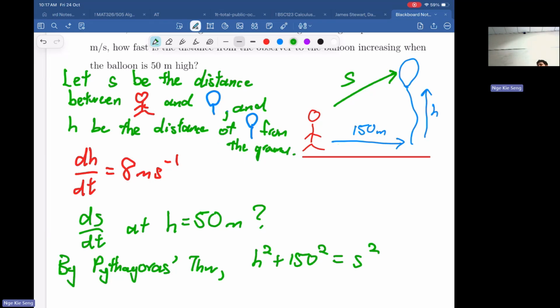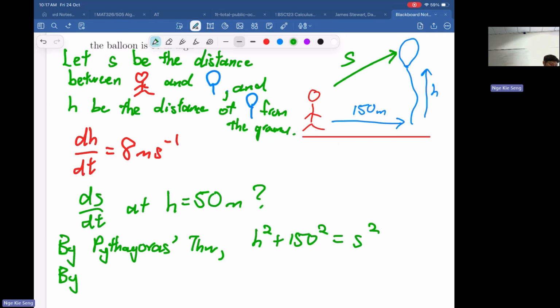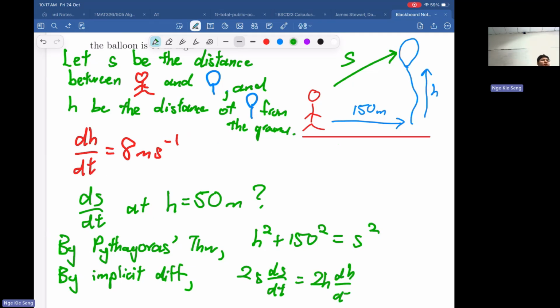Here, everything could be in terms of t, so we can do implicit differentiation. After you do implicit differentiation, what do you get? 2s ds dt equals 2h dh dt. 150 is a constant, so I get 0.